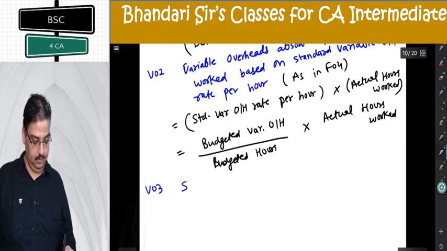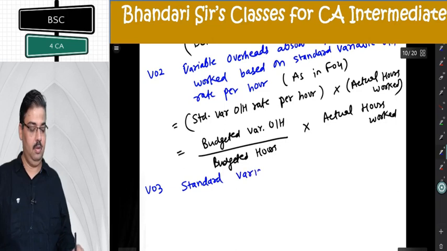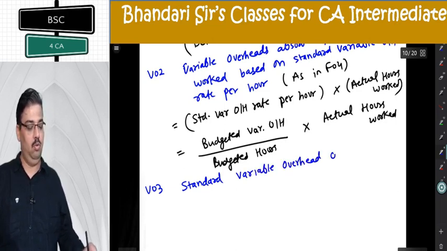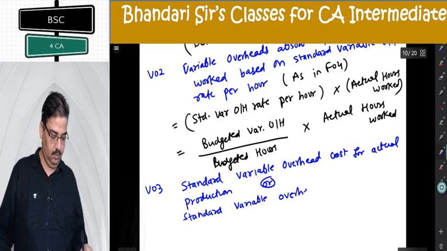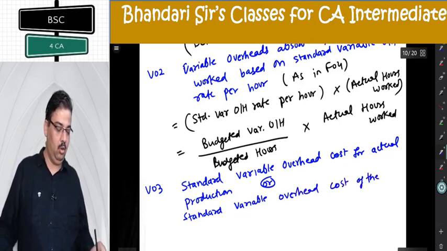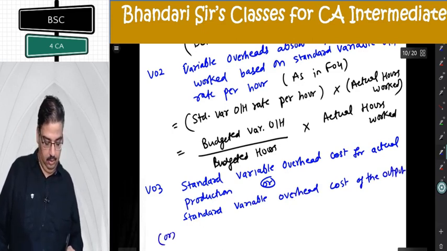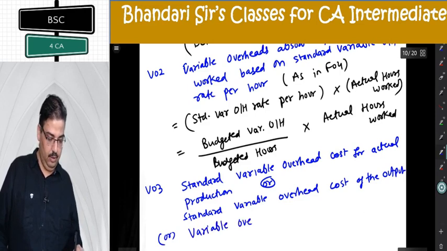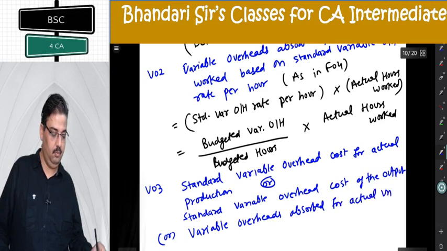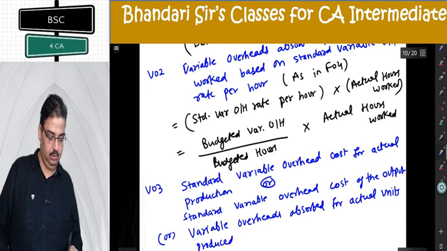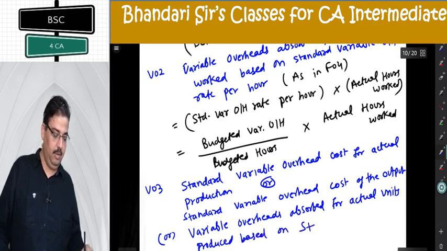VO3: standard variable overhead cost for actual production, or standard variable overhead cost of the output, or variable overheads absorbed for actual units produced based on standard rate per unit.